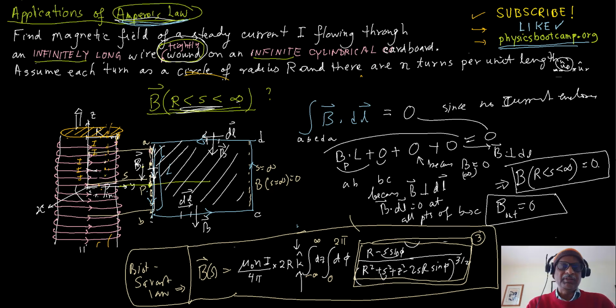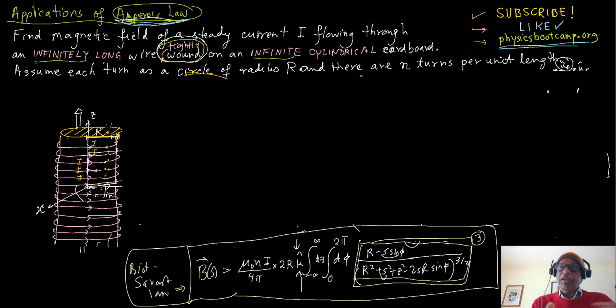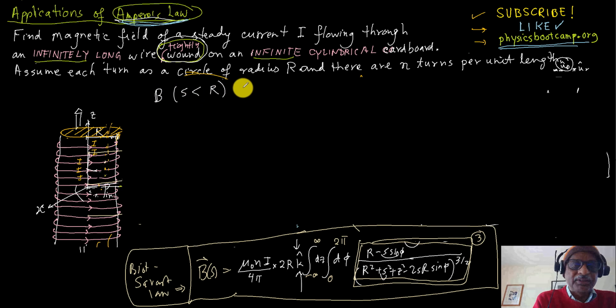Let me erase this and let's look at what will happen inside. So to look at a point inside, we want B at S less than R. So this is inside. We're not looking at B at S equal to R yet. So this is some point here.